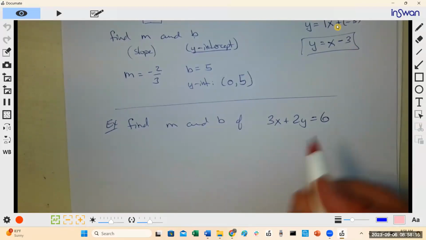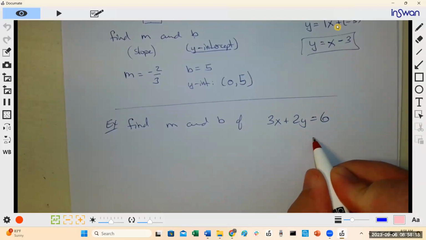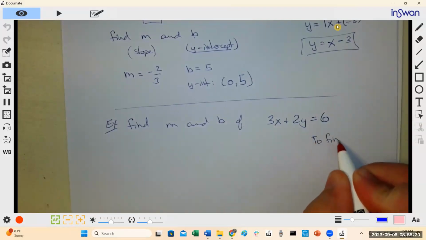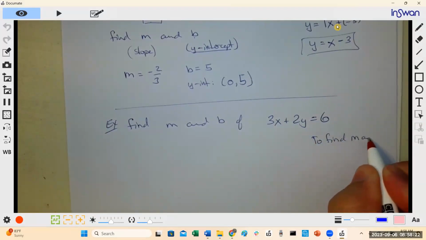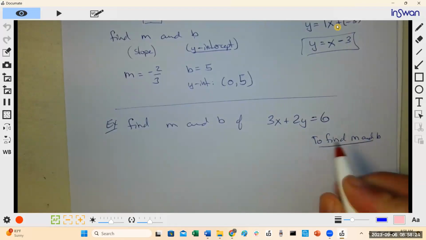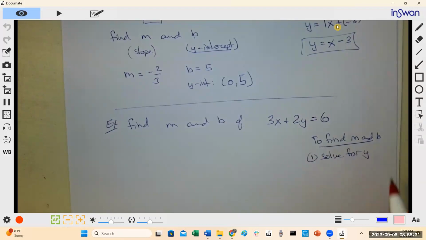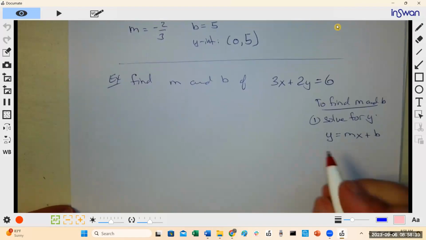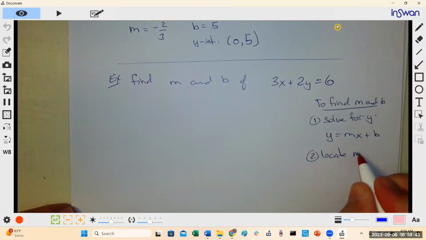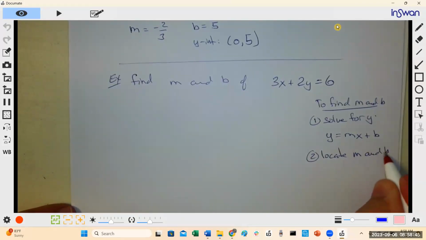So to find m and b, first thing you have to do is solve for y. You want to put the equation in this form. Then locate m and b.